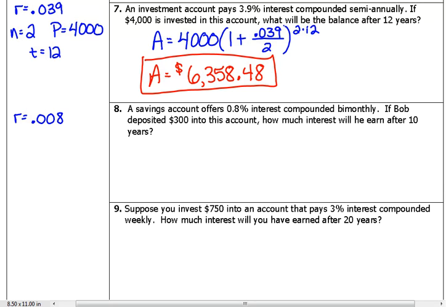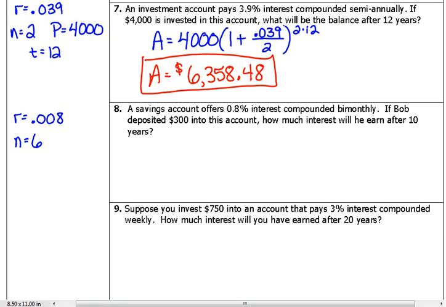This is one of those, I don't like using bi-monthly because it can be interpreted 2 ways. It can be interpreted as every other month, or it can be interpreted as twice a month. So I avoid using bi-monthly in the problems that I get. So I'm going to go with every other month for bi-monthly. So that would be 6 times in a year.